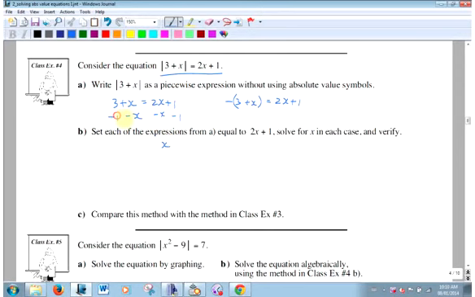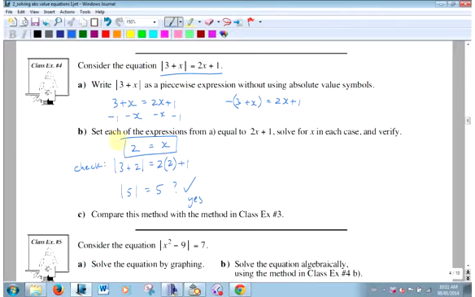Minus 1, I get 2. Let's plug it back in and see if it works. X is 2. 3 plus 2 is 2 times 2 plus 1. Does that work? Is the absolute value of 5 equal to 5? You bet. Yes. So x is 2. There's a valid answer.